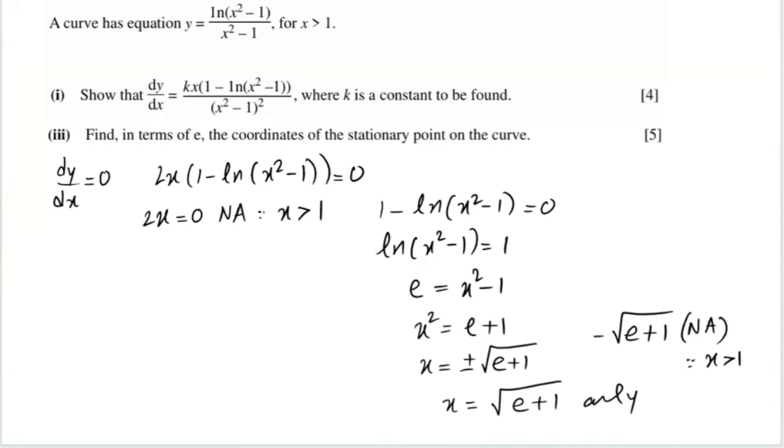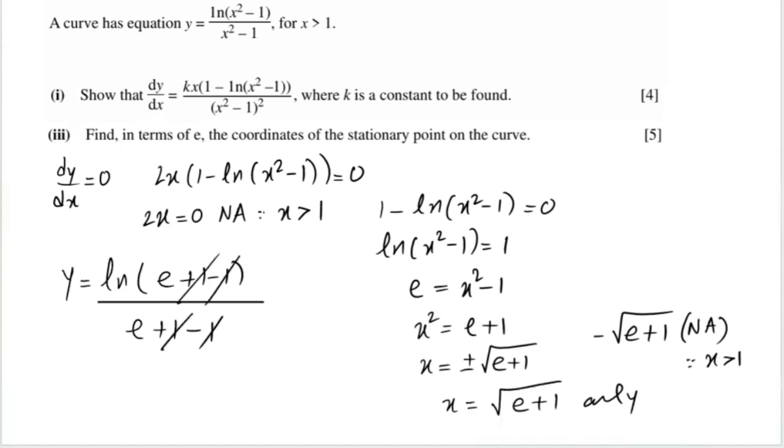So now I need the y coordinate for this. I need to use the first part, the equation of the curve. So y is going to be natural log of root of e plus 1 squared minus 1, divided by e plus 1 minus 1, right? So this cancels, this cancels. In the numerator, I've got natural log of e.